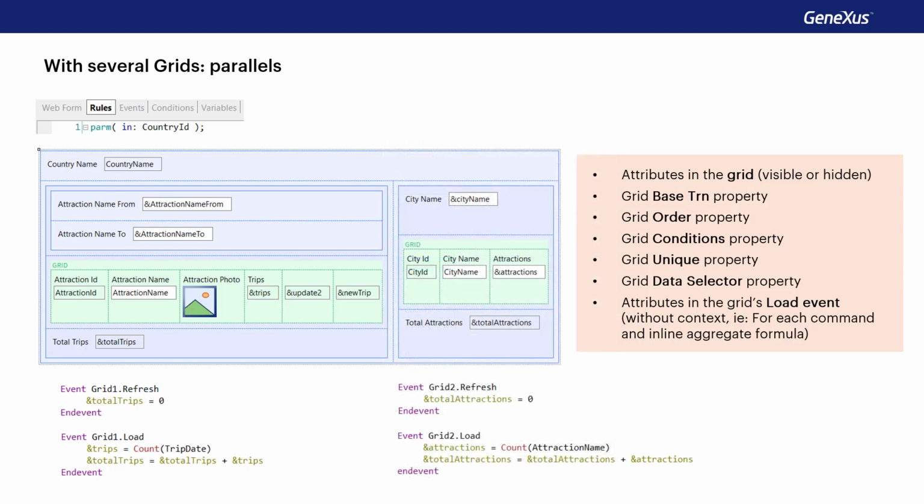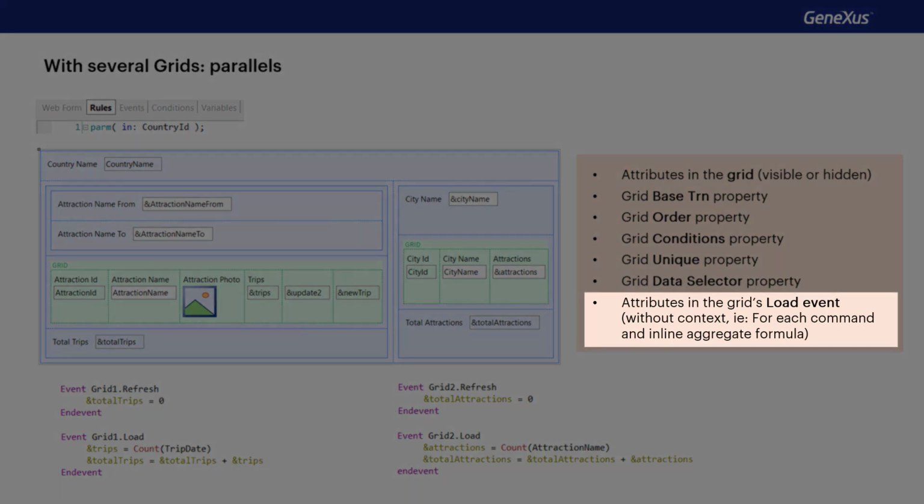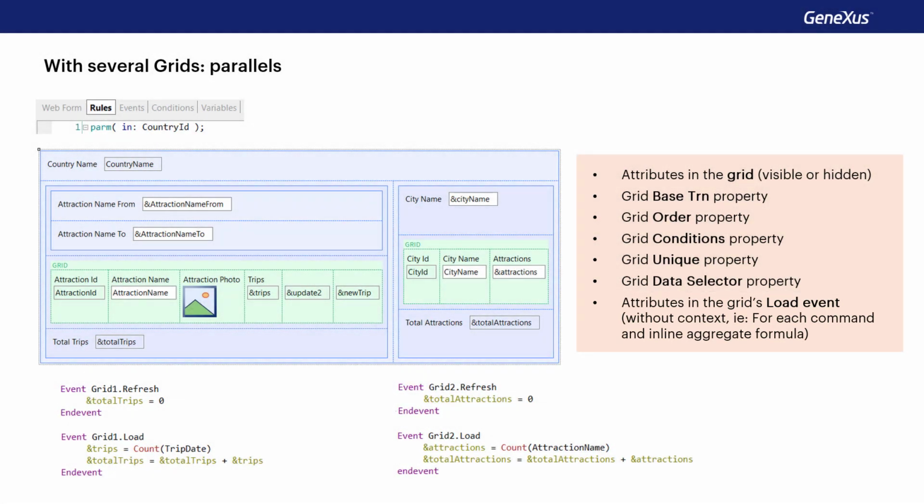Unlike in previous cases, the separate attributes of all events will not be considered here. Only the load event of the grid will be. So, in the case that a separate attribute existed in the refresh event, it would not be participating.